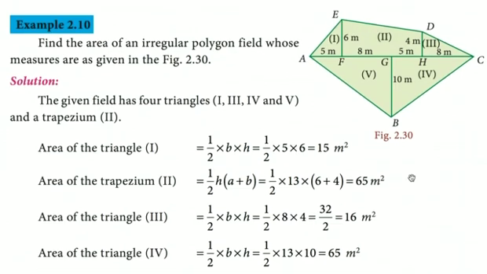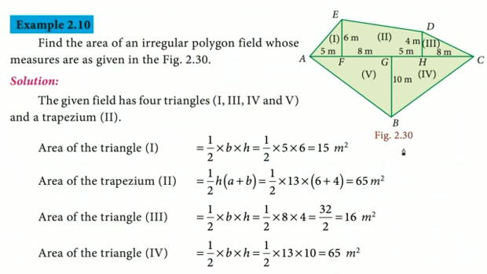Next part. Find the area of the irregular polygon field whose measures are given in the figure. Yeah, this is one triangle, this is another triangle. This is now marked as 1, this is 2, this is 3, this is 4, this is 5. And this is a trapezium. Triangle is half base into height.